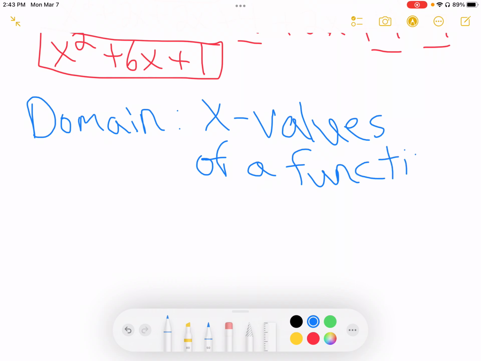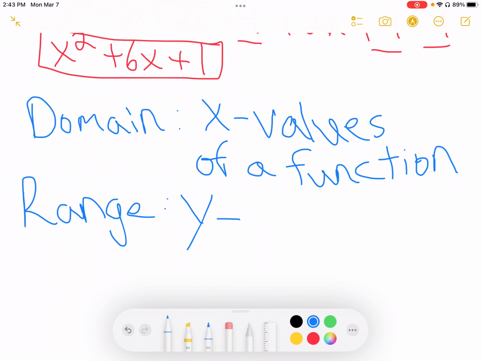And then range, right? Normally we think of range as being a span of numbers, and domain is a span of numbers as well. But a range, when we're talking in math terms, we typically say that it would be the y values of a function.